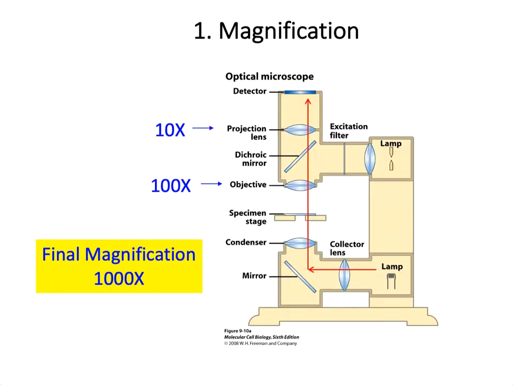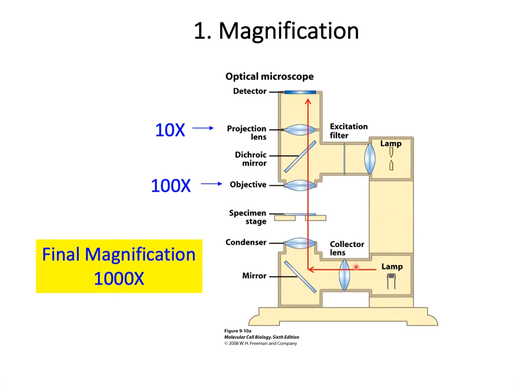Magnification is a function of the microscope the scientist uses, and in particular, it is the function of one specific lens, the objective lens. Here is a figure of a setup of a simple light microscope or bright field microscope. The red line has been added to show the light path through the microscope.